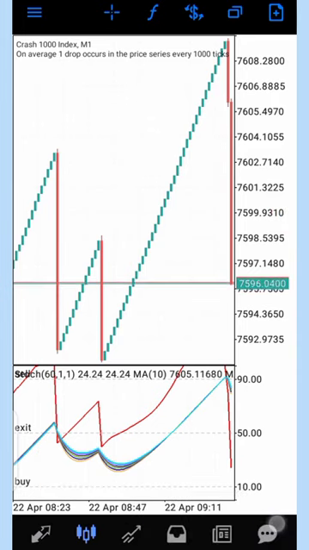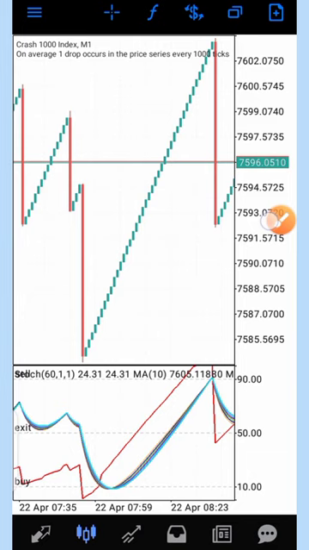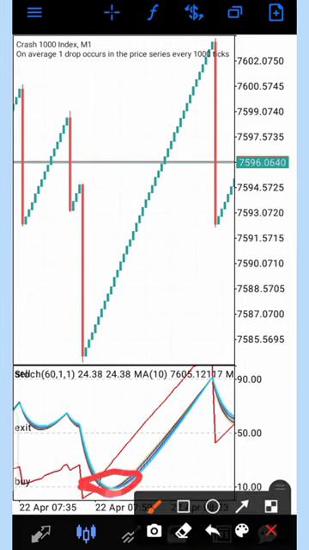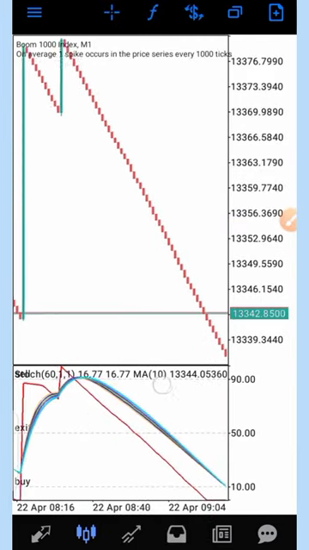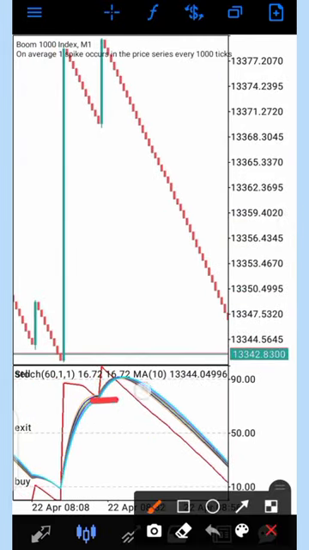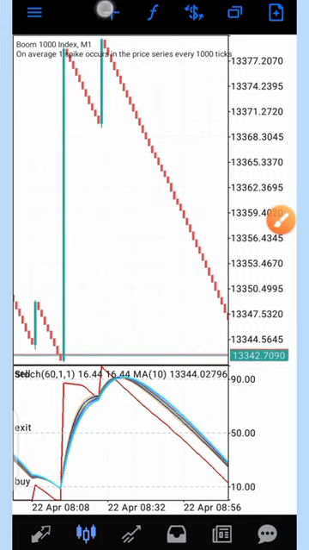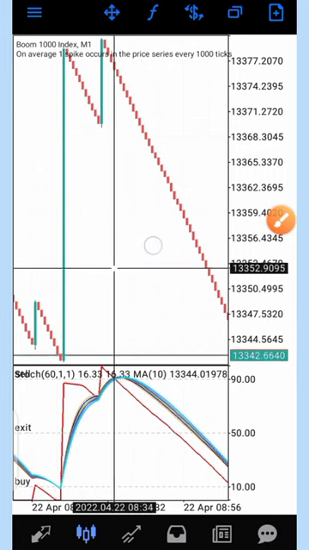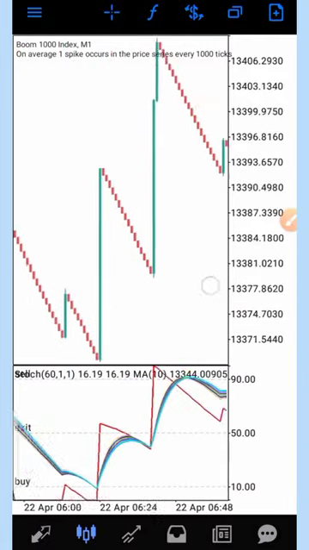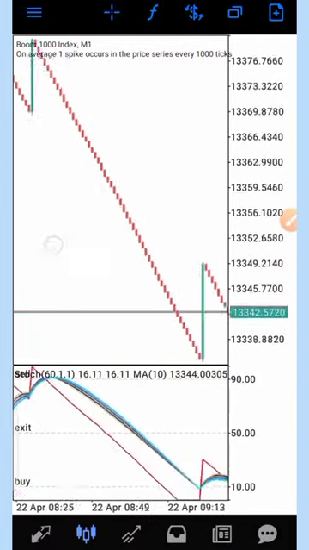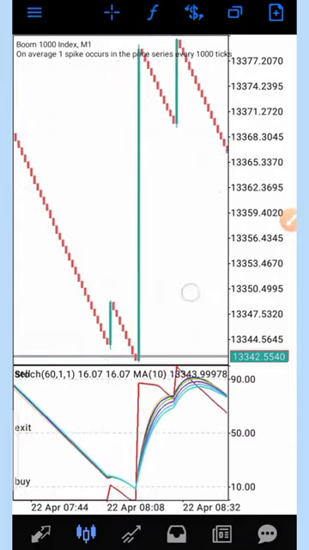That is buy: 10, 50, 90. So it crossed at 10. This is the buy region. So here now is 90. You'll be looking at the cross at the 90 region here. Once you sense any cross and you enter for buy, when it gets to the 50 region, just leave the trade. You are in profit already. It works for both Boom and Crash.